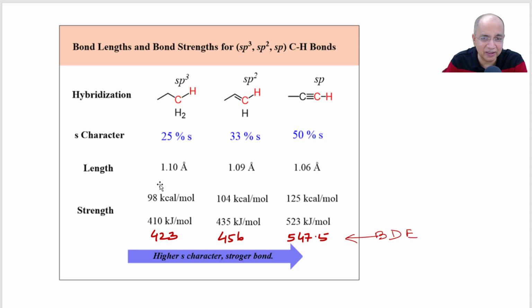And you can find here this CH bond is 1.10 angstrom, this is 1.09 angstrom, little less, and this is 1.06 angstrom. So they have been studied with convincing proof that the bond length goes on decreasing as the bond energy goes on increasing in a particular type of series.